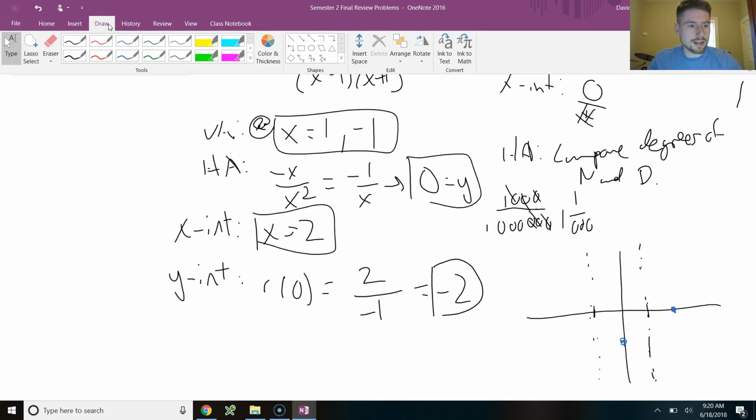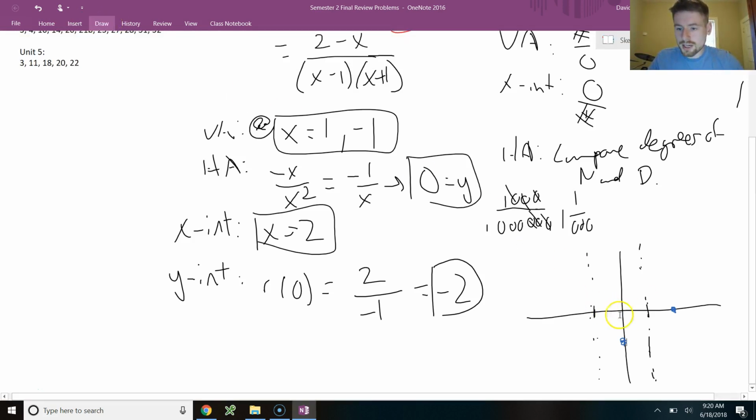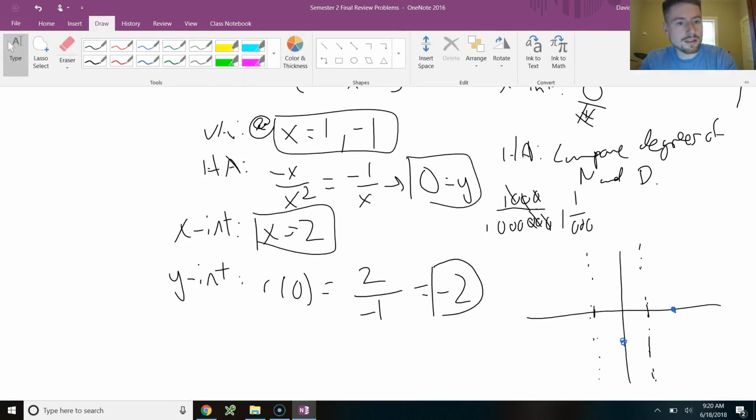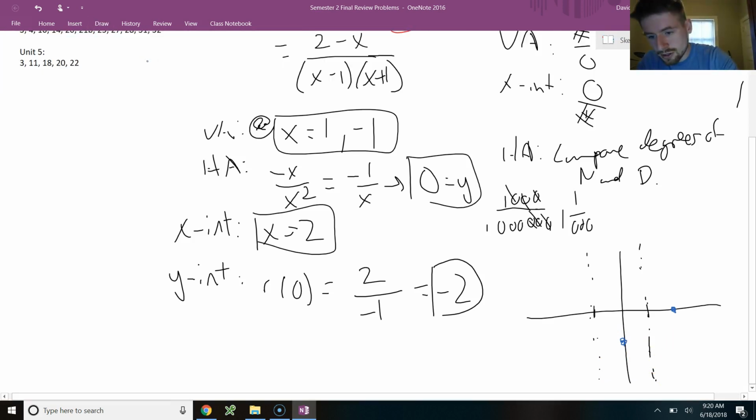And the reason why it can't cross here is because it would have another x-intercept, and we know there's only one x-intercept at 2. So that means that the function has to curve down and to the left here and down to the right there. So it's going to curve down this way and down that way.